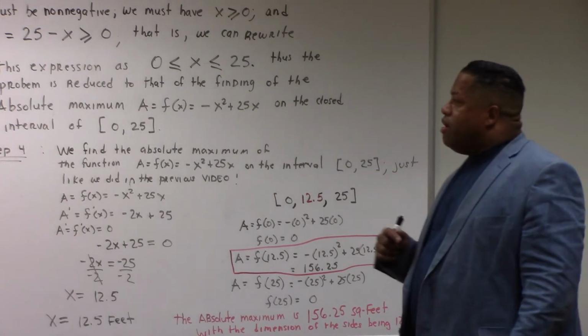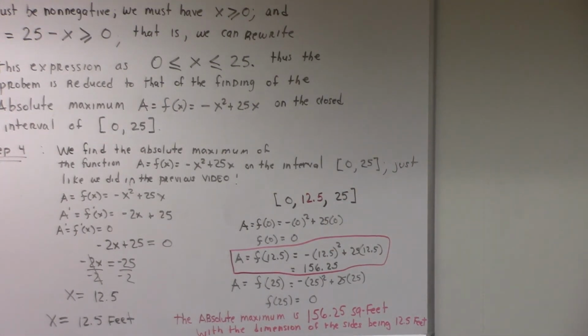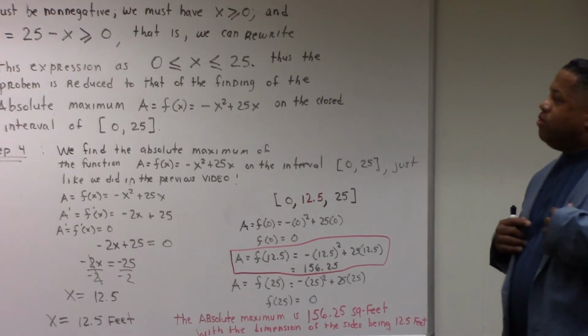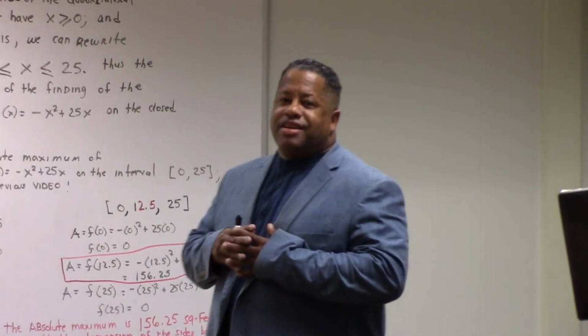So here we have 50 feet of fencing going around an area of 156.25 square feet. So this is how we solve a problem dealing with maximization.